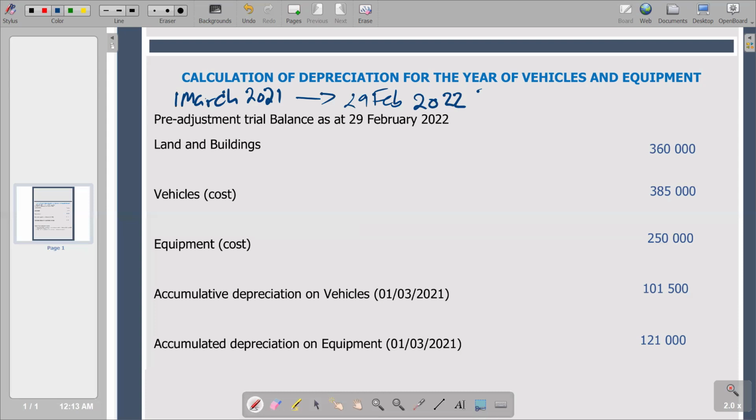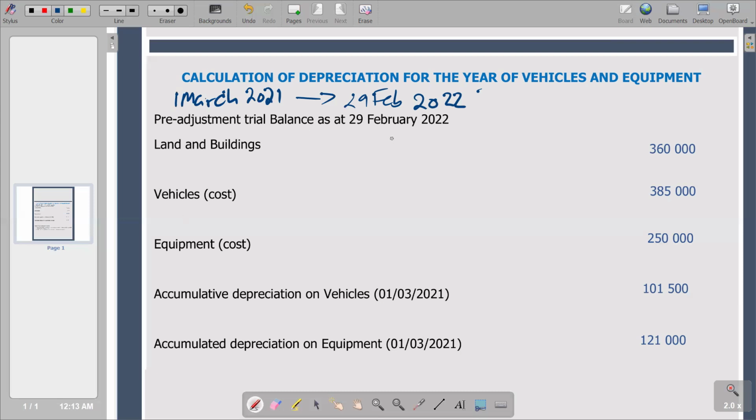Very important for you to identify the starting date and the end date of the financial period, because in some cases the calculation of depreciation will require you to make a proportionate calculation in terms of the number of months that the asset stayed during the financial period. You can only get to know about that when you have identified where your year is starting and where it's ending, so you can calculate the number of months that the non-current asset stayed in the business.